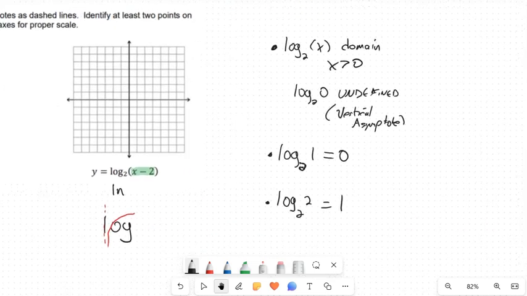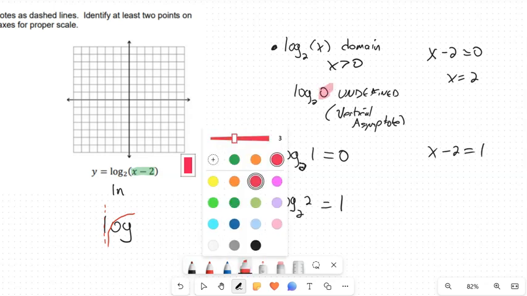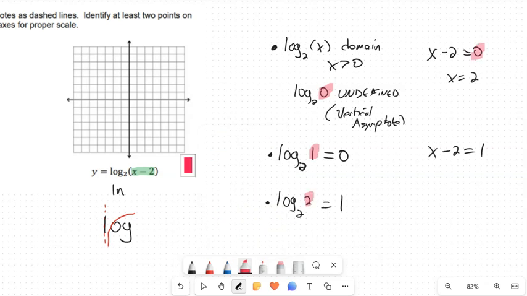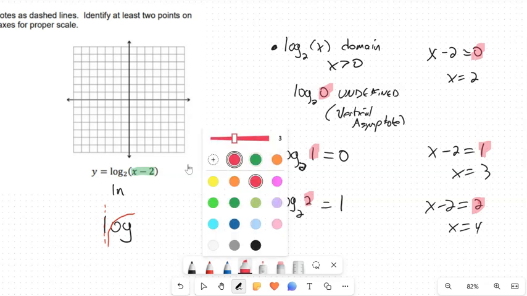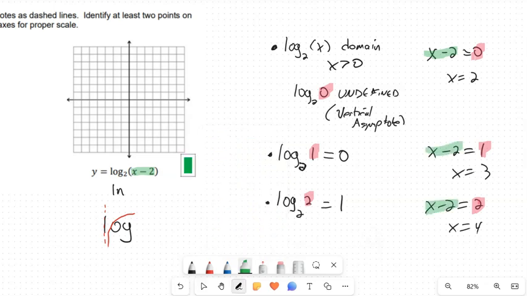So I want to actually work with x minus 2 equals 0, x minus 2 equals 1, and x minus 2 equals 2. I'm just picking those from the 0, 1, and 2, and it's the inside of this function that needs to be equal to 0, 1, and 2.